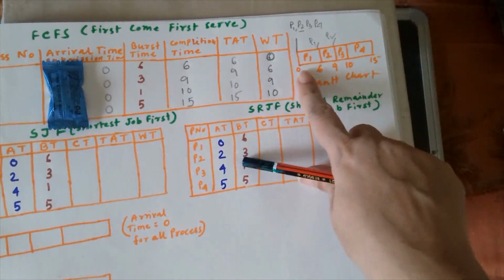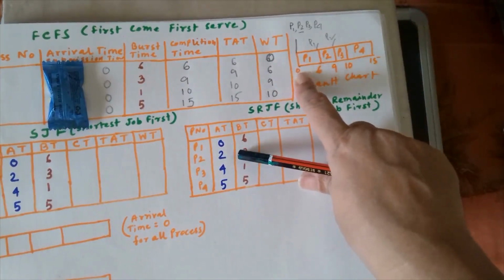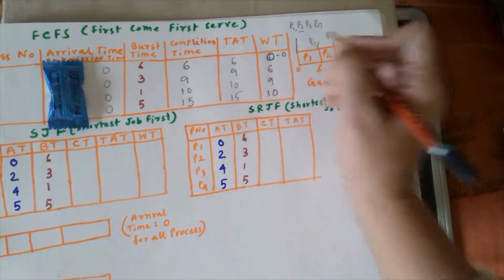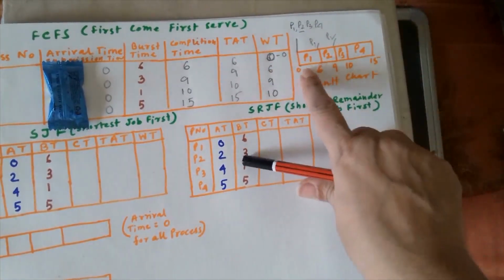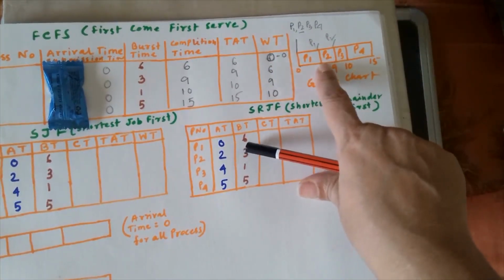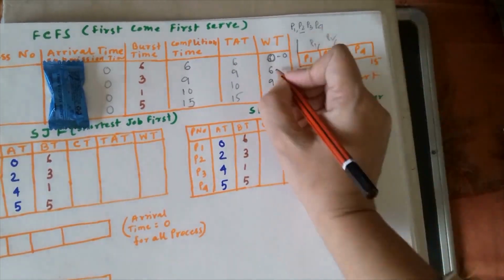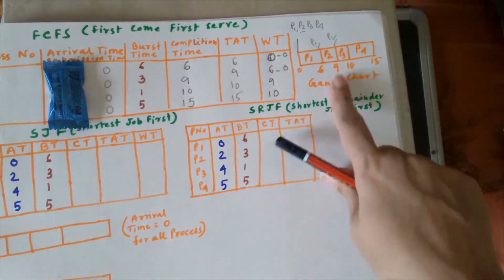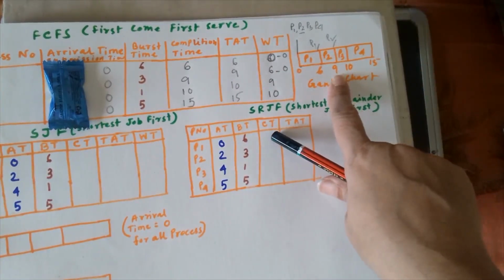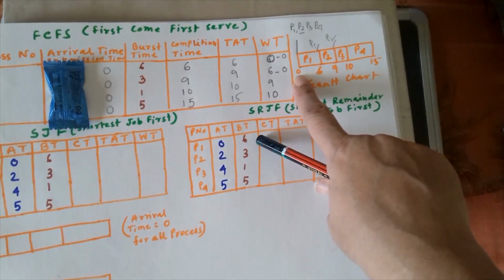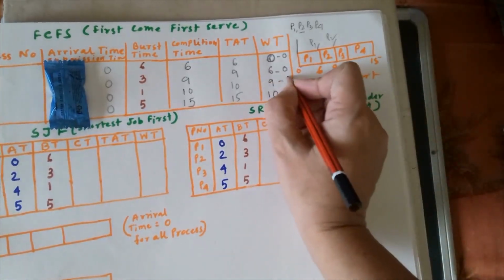Is it clear? P1 immediately got executed, so no waiting time, it is 0 minus 0. P2 has waited for P1 to execute, so it started from 6, entered at 0, so it is 6 minus 0. P3 has been taken for execution from 9 and it entered the system at the 0th instance of time, so 9 minus 0.